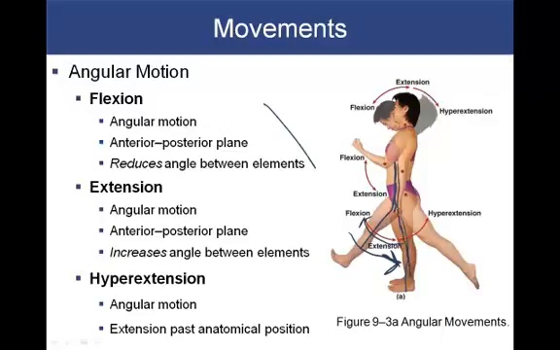And we can also demonstrate hyperextension by kicking the leg back, and this is going to extend past the anatomical position. So flexion, extension, hyperextension, these are all used when describing angular motion of a diarthrotic joint.